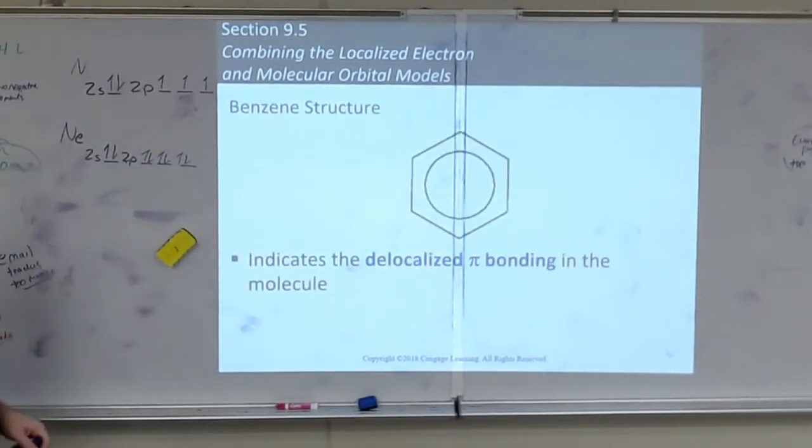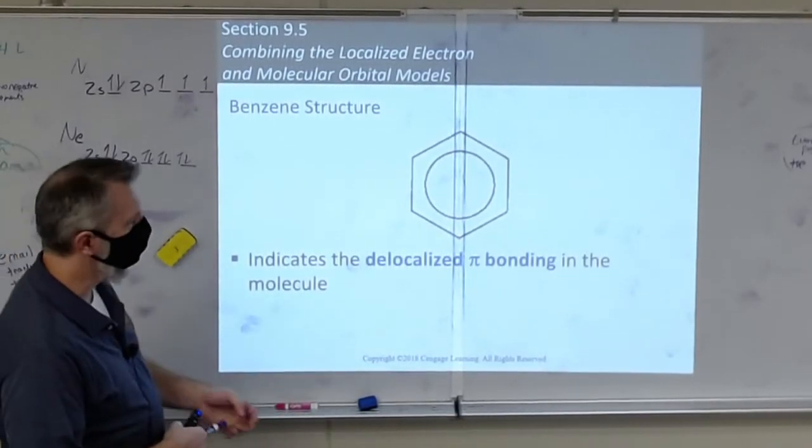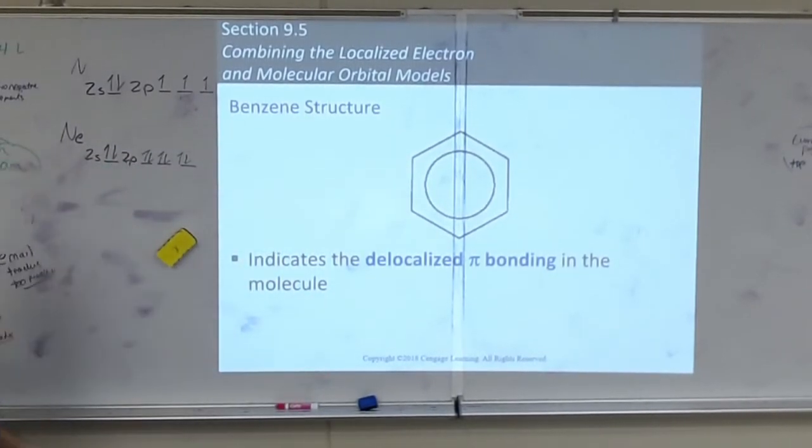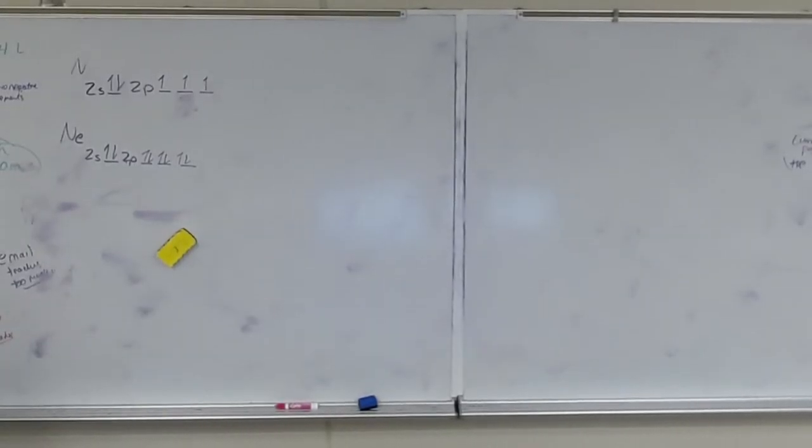And that's another way to draw benzene. That's a confusing way. So this means I don't have to do a resonance structure. This is why if I do benzene here like this, everyone knows he's talking about benzene. It's got 6 hydrogens, 6 carbons. And this indicates delocalized pi bonding.